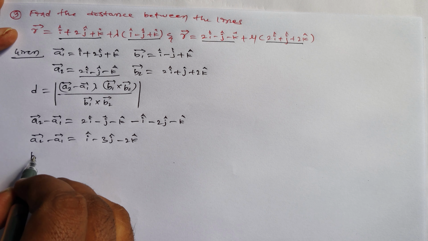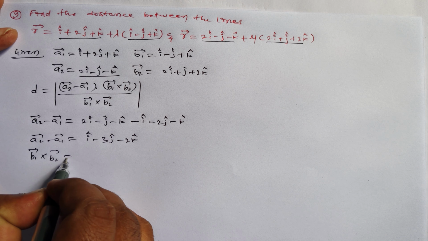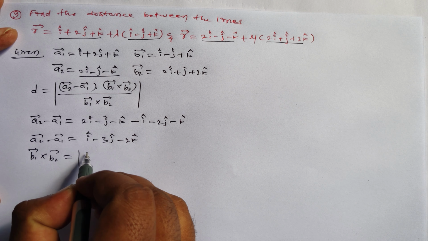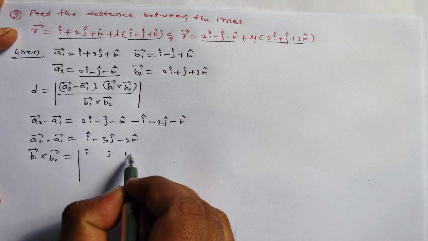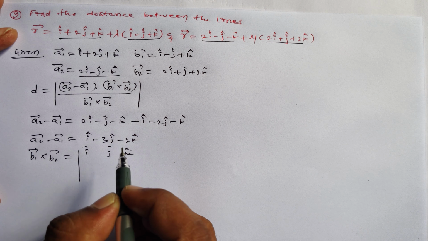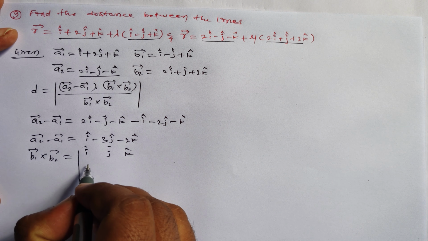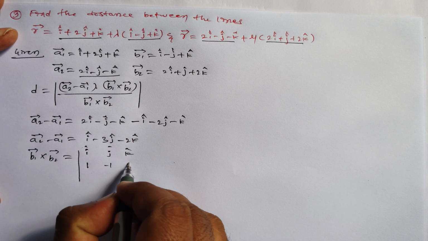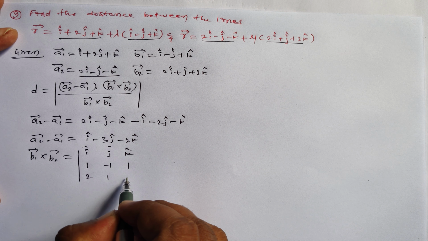Next, to find b1 cross b2, that is equal to the determinant of I, j and k. Okay, write the coefficients. The b1 vector coefficients are 1, minus 1, 1, and b2 is 2, 1, 2.